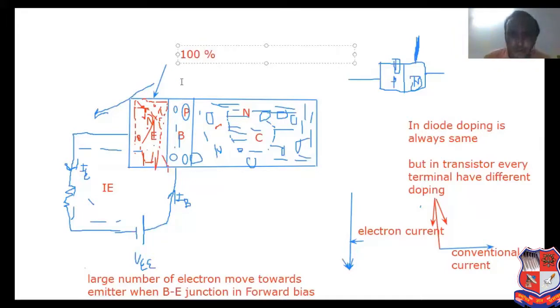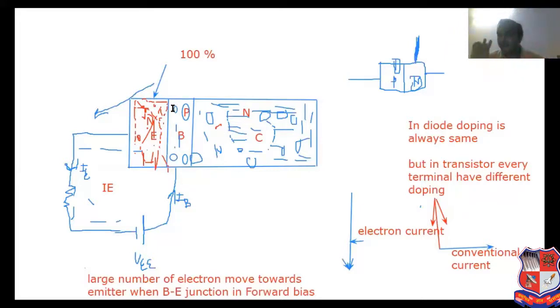This 100% of electrons is divided into two portions. It travels towards the base, and then it travels towards the collector. Only 2% of the electrons combine with holes.